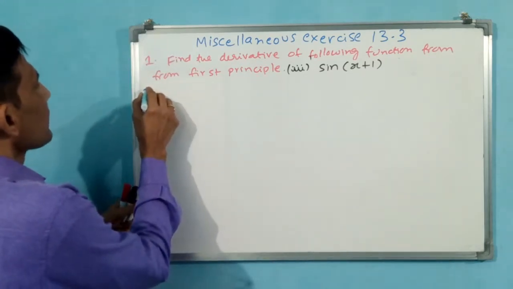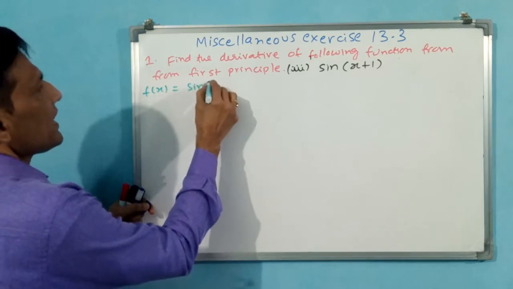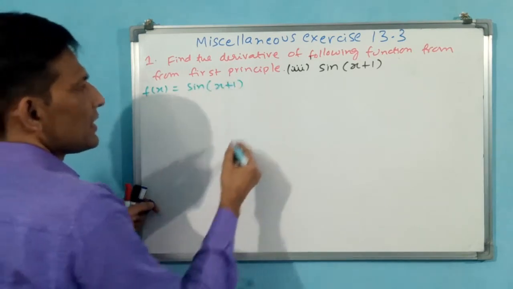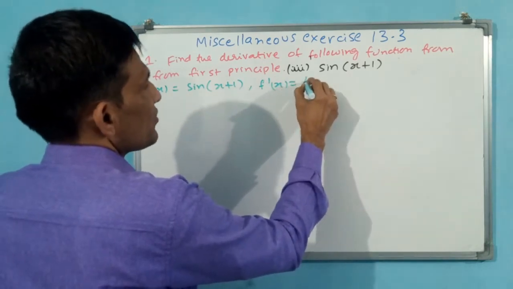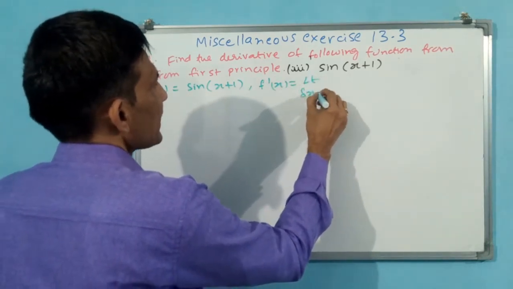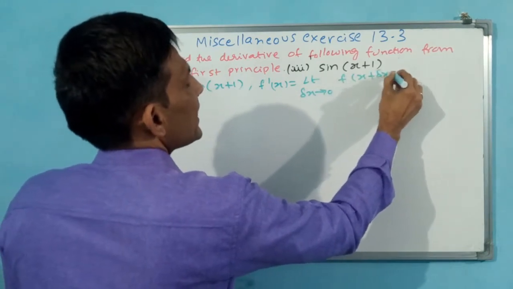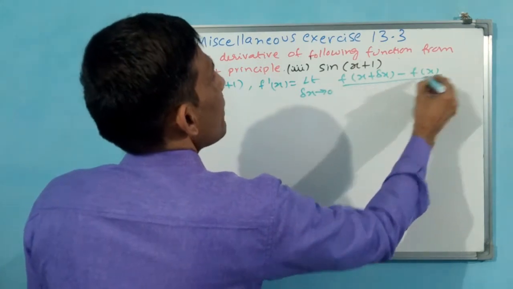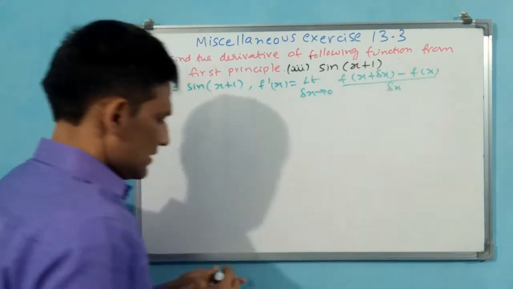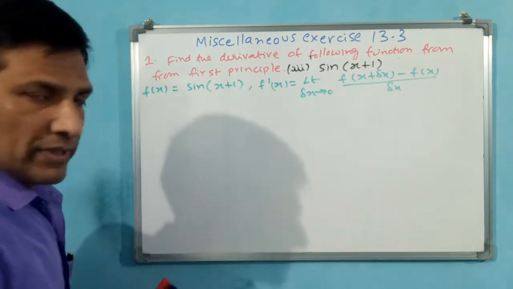Let f of x is equal to sine x plus 1 and f dash x is equal to, first you write the formula, limit delta x tends to 0, f of x plus delta x minus f of x by delta x. That formula you write first, then you substitute.